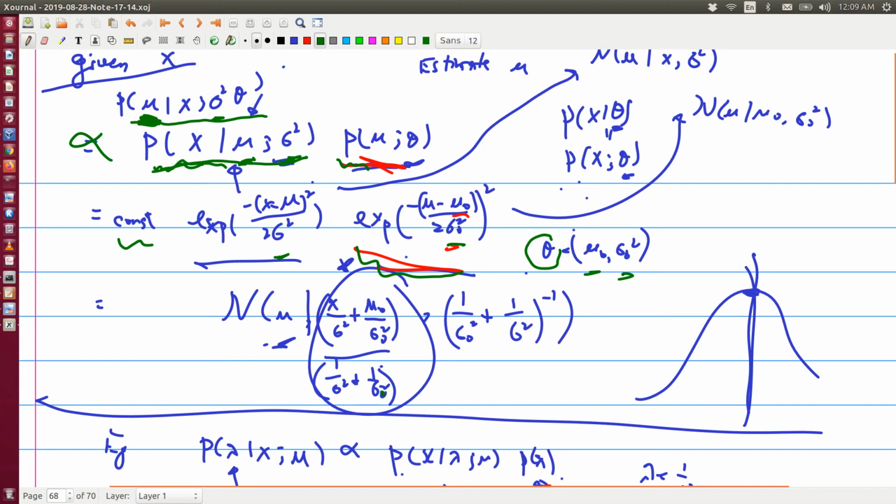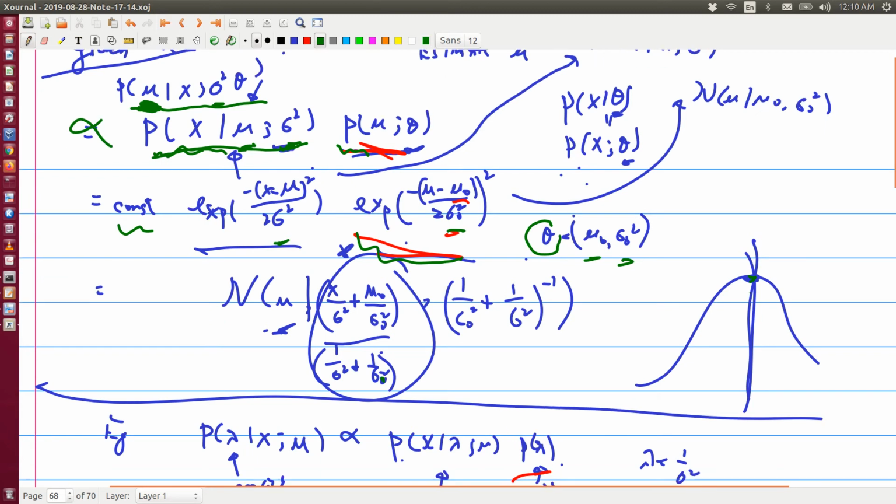And this will be the posterior distribution. If we want to do a Bayesian estimation, whether we use Bayesian or MAP will be the same, because the Gaussian is symmetric. The mean is the same as the peak, the mode. So in this case, we want to estimate the mean, which is basically just this.